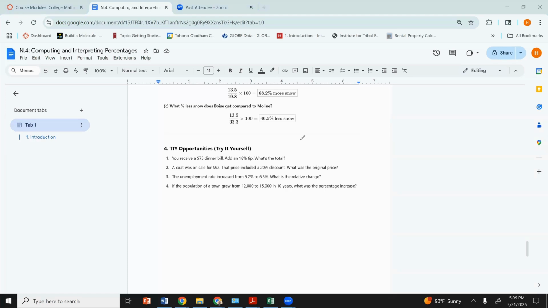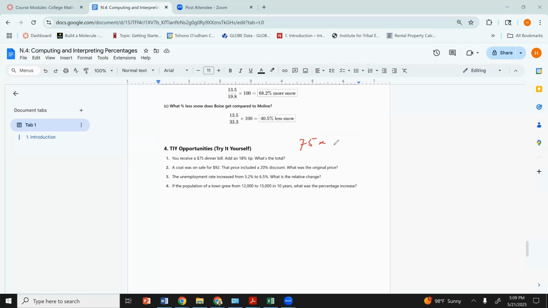So 75 is my original price, and we have to pay an 18% rate. What is 18% of 75?